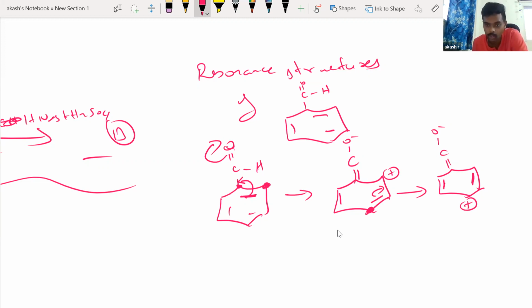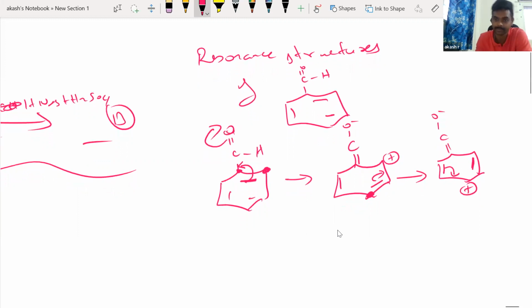Now what will you do? You will put this double bond here. When you put that double bond there, we will have O minus, there's a double bond here, and there is already a double bond here. Now you have kept a new double bond here, and this carbon is going to get a positive charge like this because it is losing an electron.